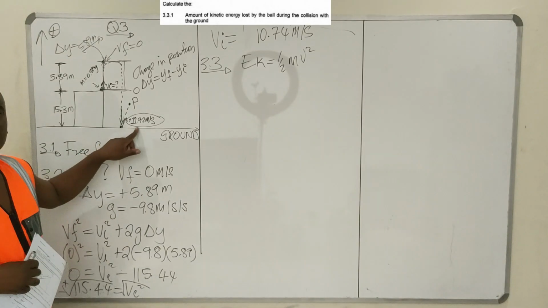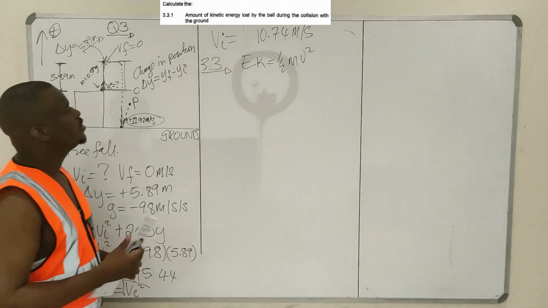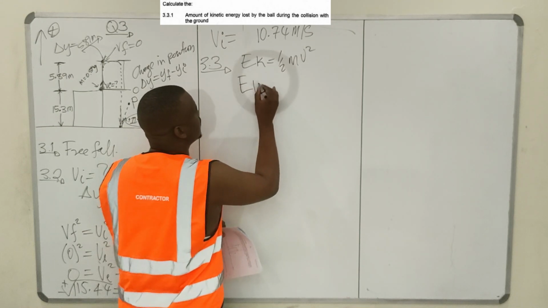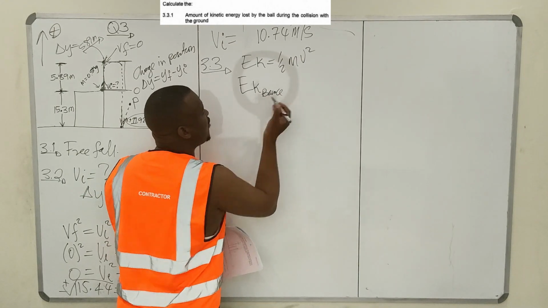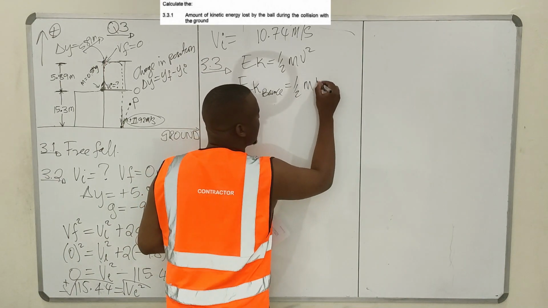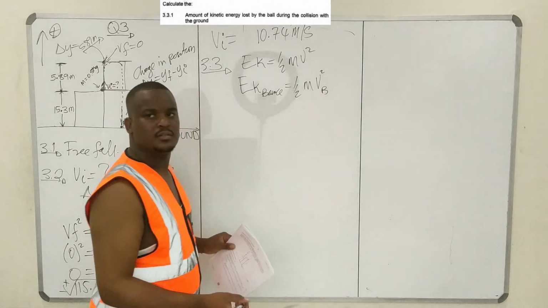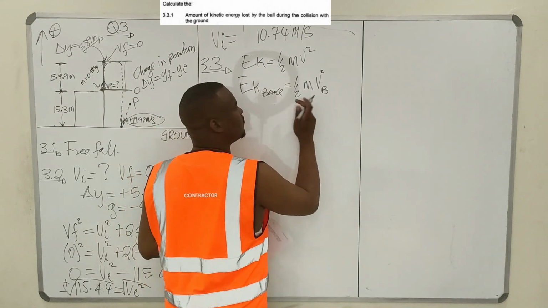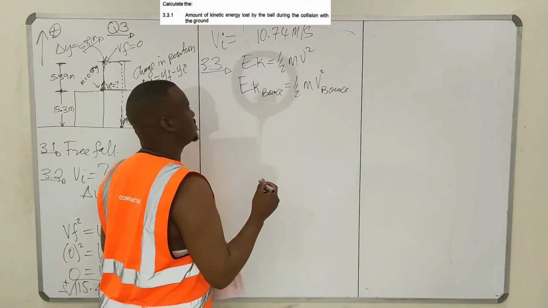So let's calculate the kinetic energy of the ball when it was bouncing off the ground. The kinetic energy after bouncing is equal to half the mass times the bouncing velocity squared.